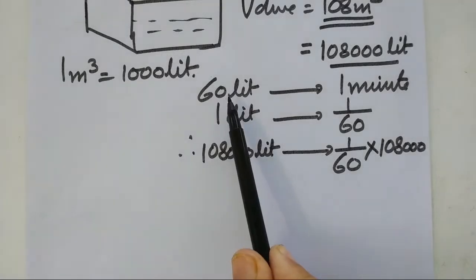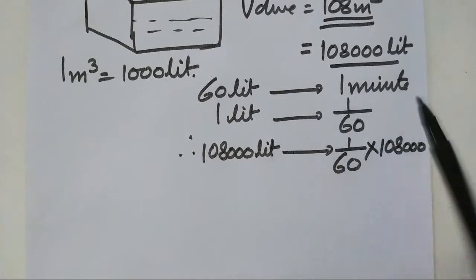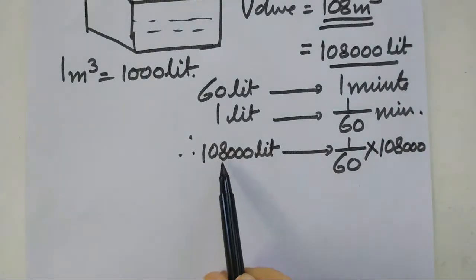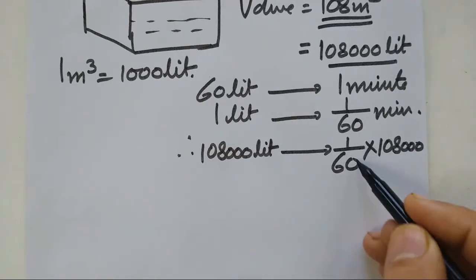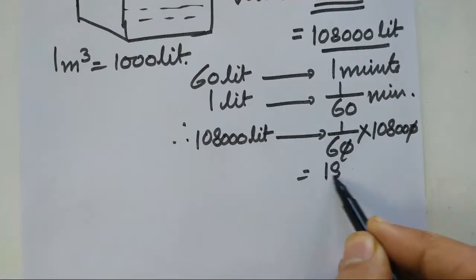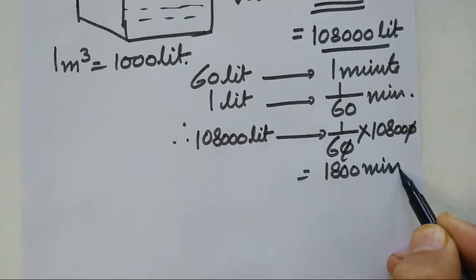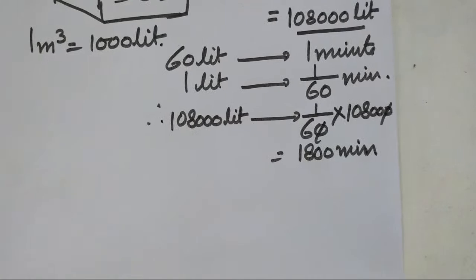If 60 liters is filled in 1 minute, 1 liter will be filled in 1 upon 60 minute, and 108,000 liters will be filled by the unitary method. Now you simplify. It will give you 1800 minutes. The tank will take 1800 minutes to fill.